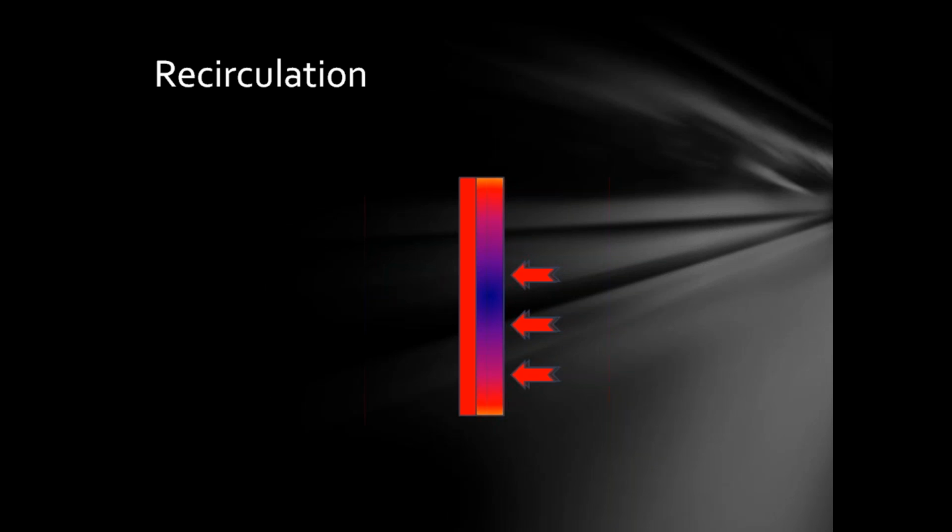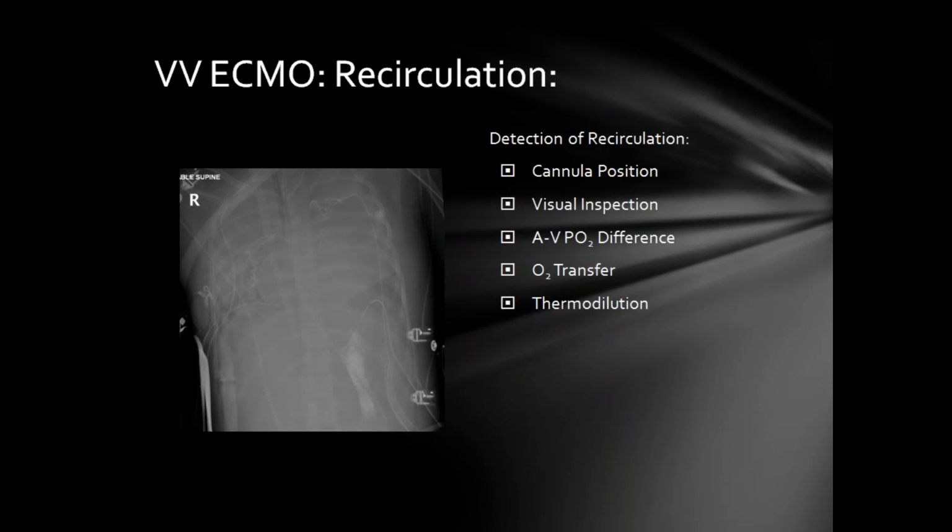So this is what I have shown you. See, the drainage cannula is properly placed, but the return cannula has come down too much. Ideally it would have been here, and that is what leads to recirculation.